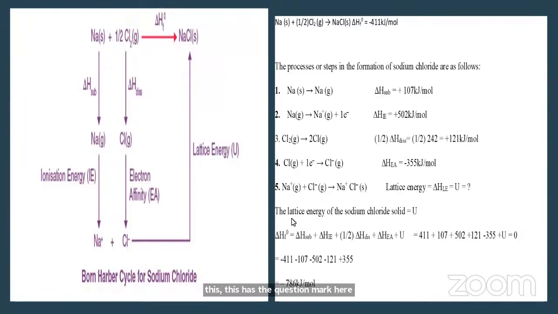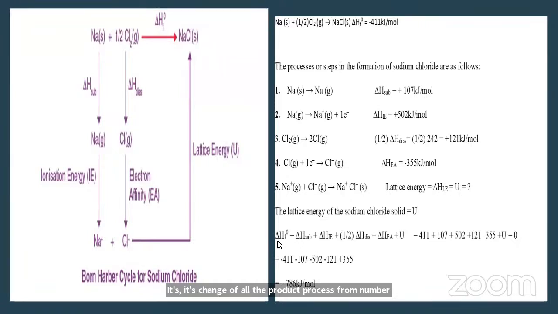Now, the formula that we have here is that your heat of formation, which is the energy of this one-step reaction, is equal to the heat change of all the other processes from number 1 to number 5, including your lattice energy.